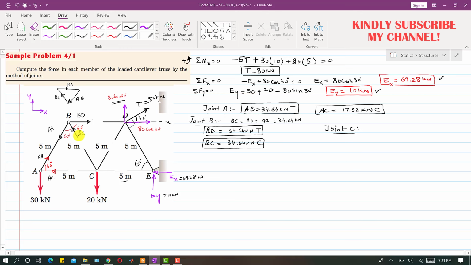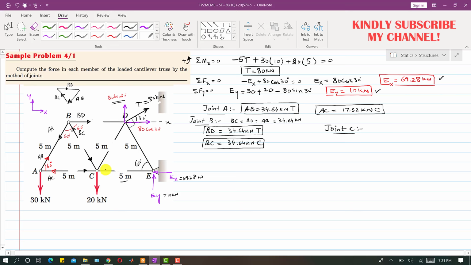Since we know the direction of BC, which is towards joint B, here it will be towards joint C. We also know the AC direction: since AC is towards joint A, it must be towards joint C. Now we have to assume the directions of CD and CE.